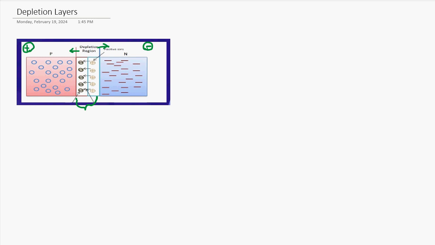And remember the previous video I explained conductivity depends on the amount of carrier, and next is the mobility. It's like a resistor, right?